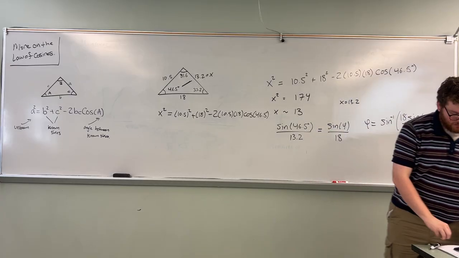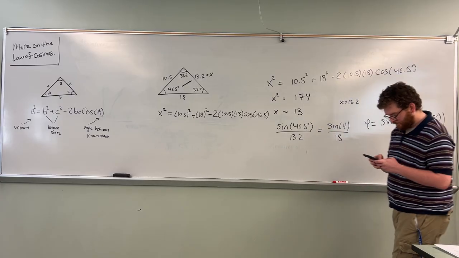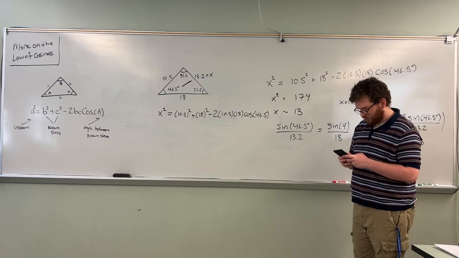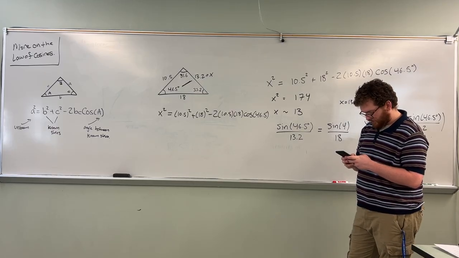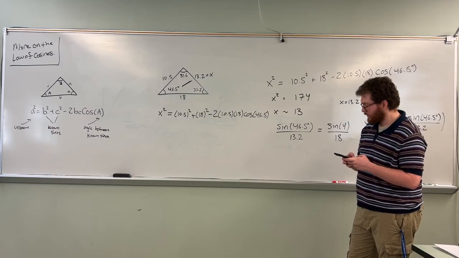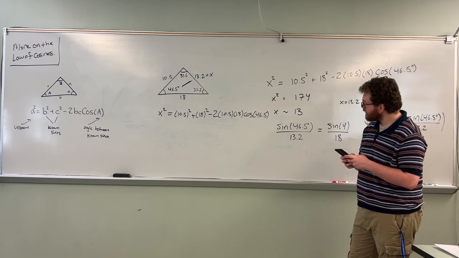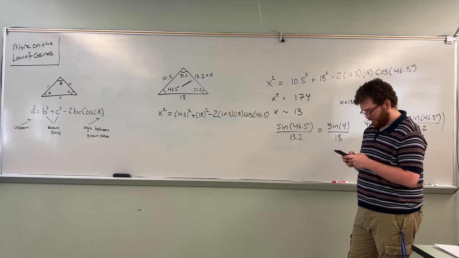And let's check that. 10.5 squared plus 18 squared minus 2 times 10.5 times 18 cosine 46.5.